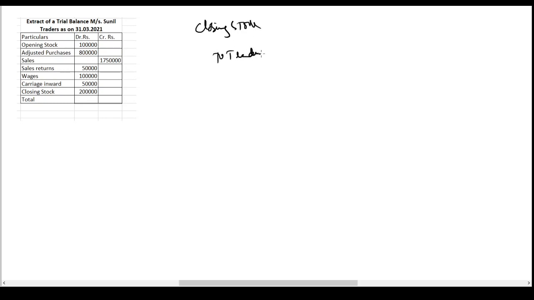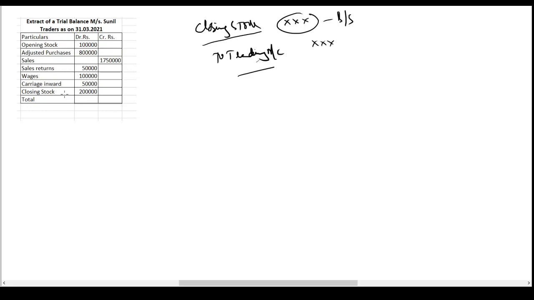Because of this entry, the trading account is credited and closing stock account shows a debit balance, and it is shown on the balance sheet asset side. So the two treatments were: trading account was credited and in the balance sheet it was shown on the asset side. This is how we dealt with it when it was given as part of adjustments.